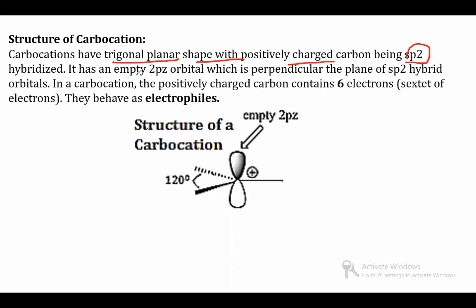In this case, the pz orbital is perpendicular to the plane of the sp2 hybrid orbitals.